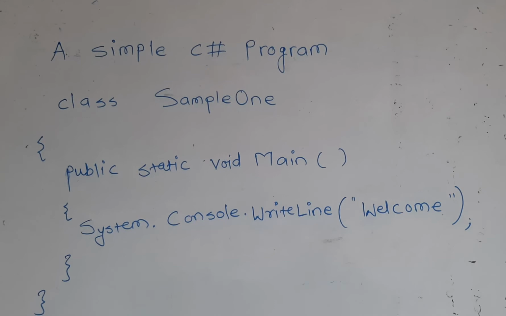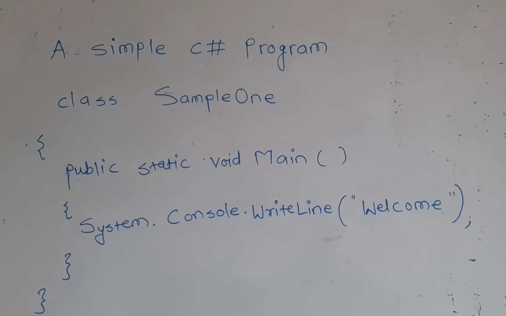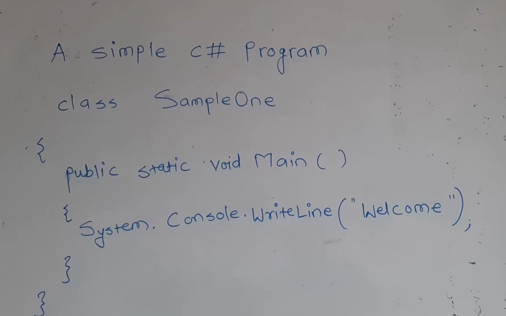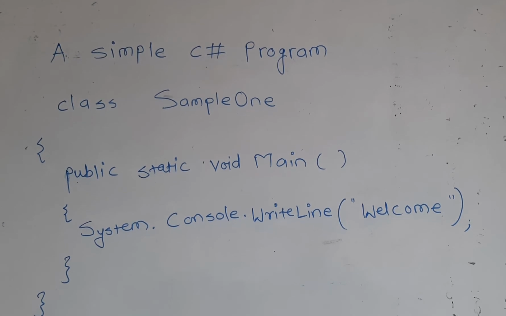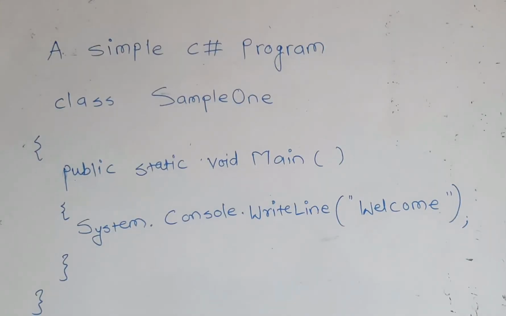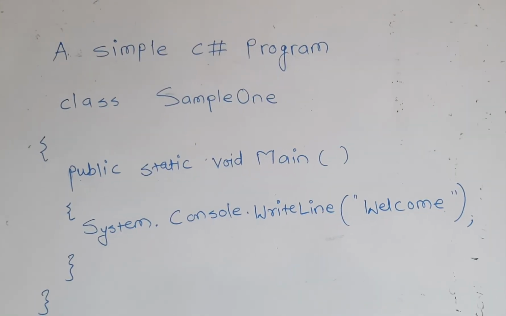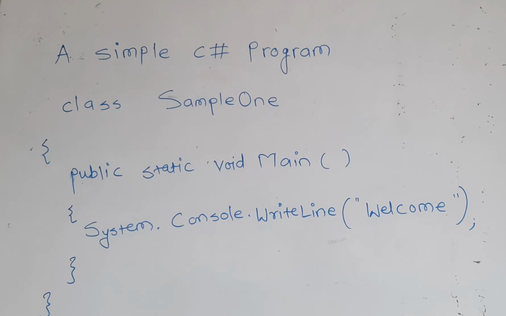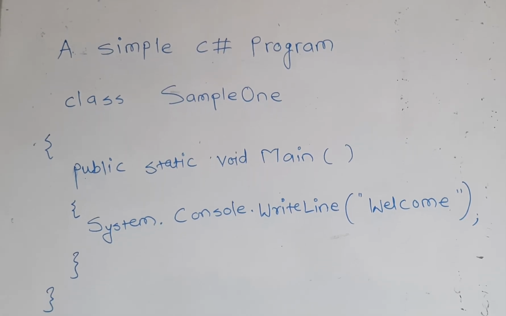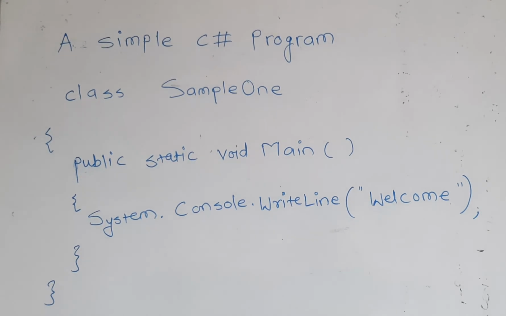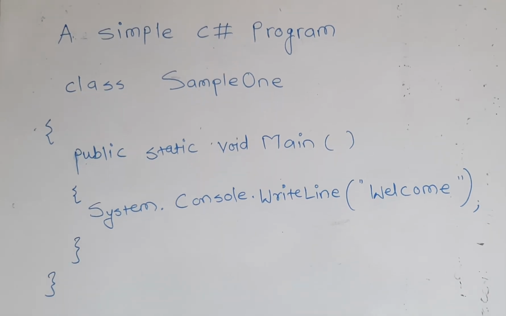Now, System.Console.WriteLine means exactly what? We use the WriteLine method. So WriteLine is a method name. Console here is a class. That Console class contains different types of methods related to console input and output operations.